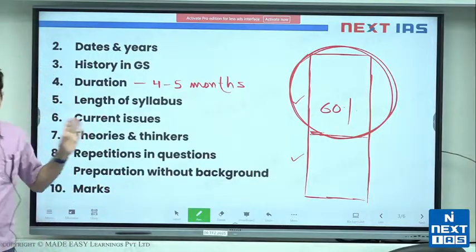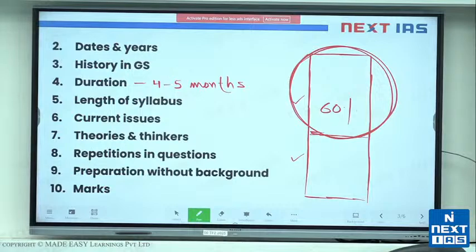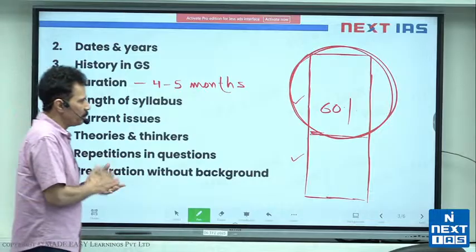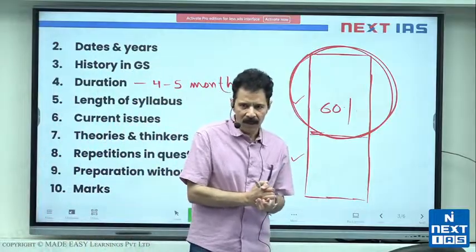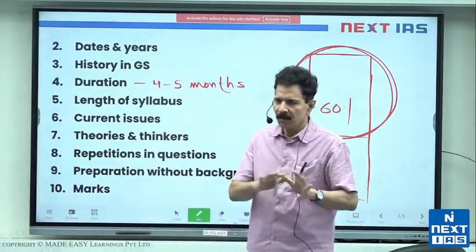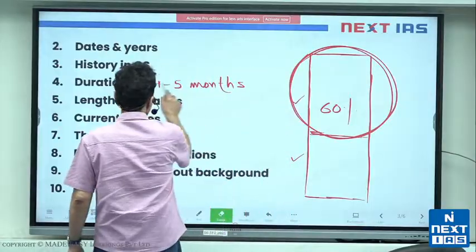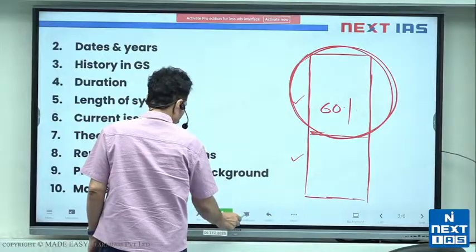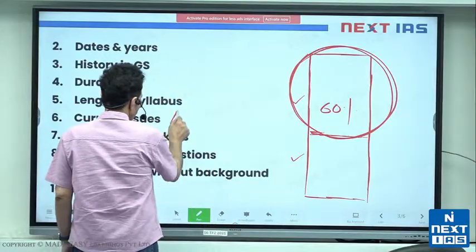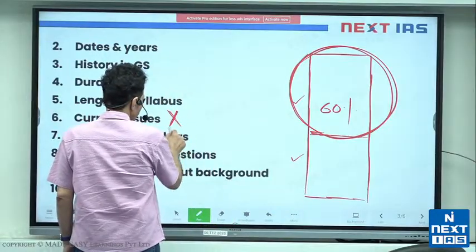Now next is current issues in history. So what about current issues in history? Do you have any idea? The answer is simple. There are no current issues in history.